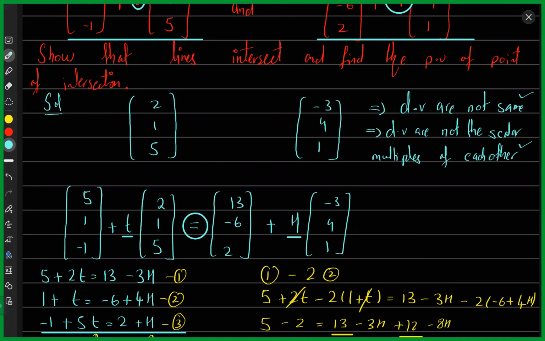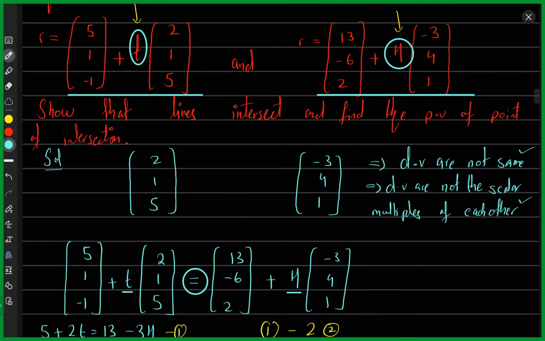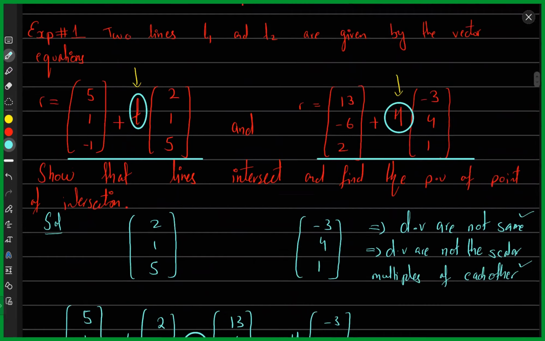Okay, now in this question we had two vector equations of straight lines, and we were asked to prove if the two lines are intersecting or not. Like, we were supposed to show that the lines intersect, and you had to find the point of intersection.